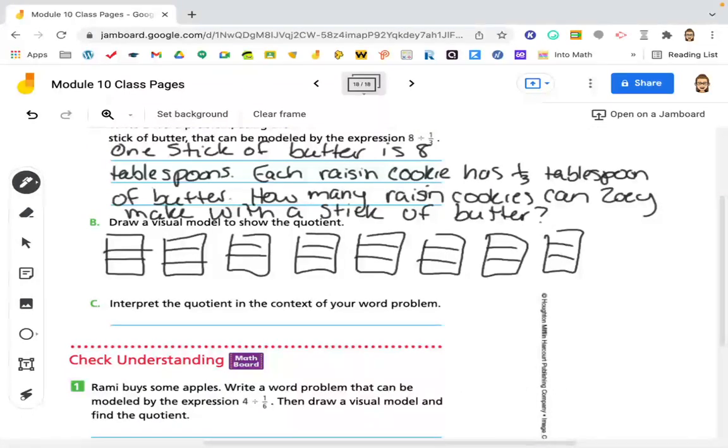So I'm going to say we have 8 divided by 1/3. And if I count all my pieces, that gives me 24. So Zoe can make 24 raisin cookies.